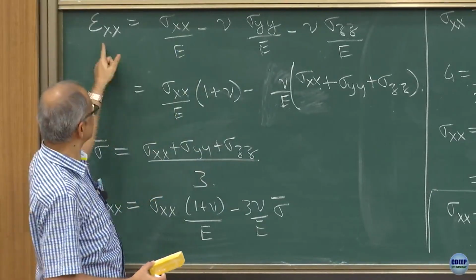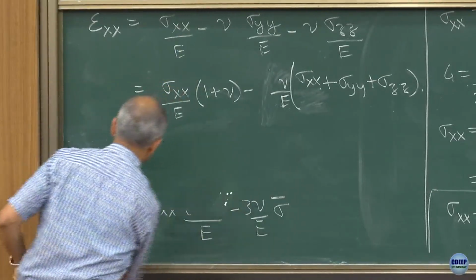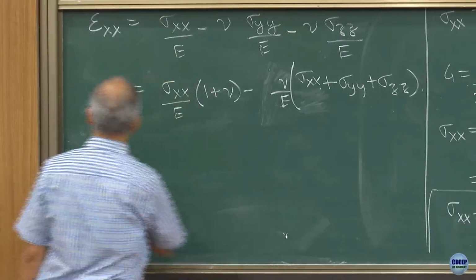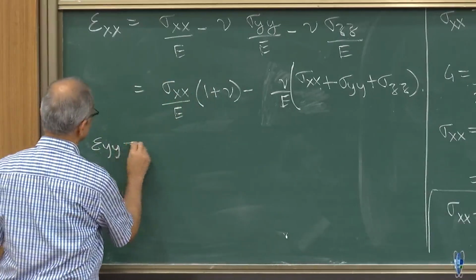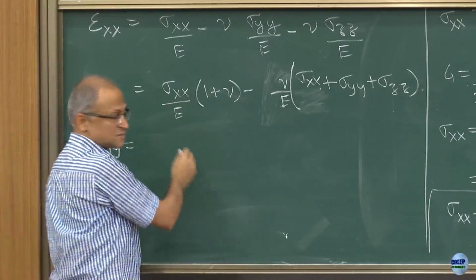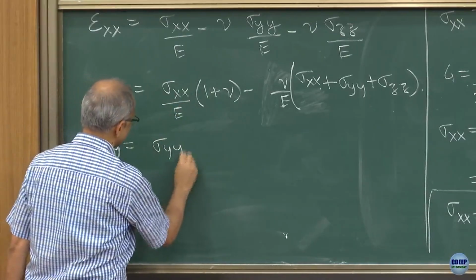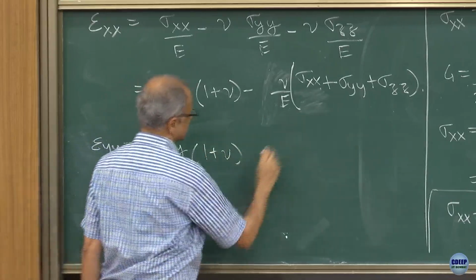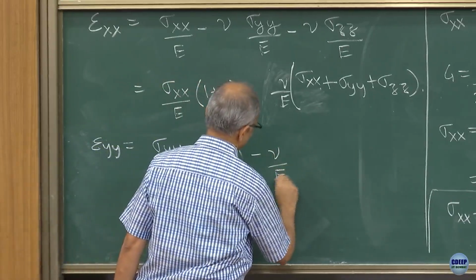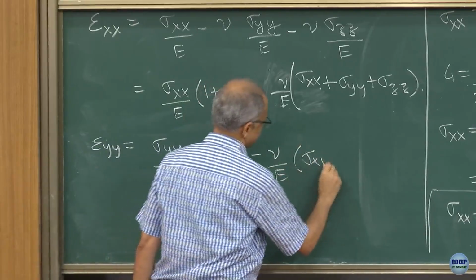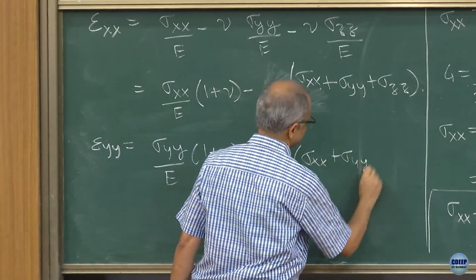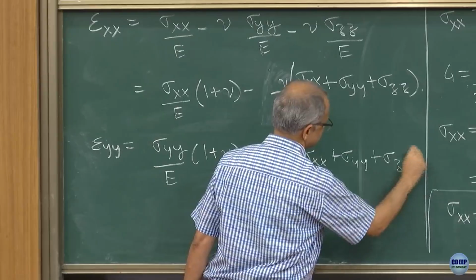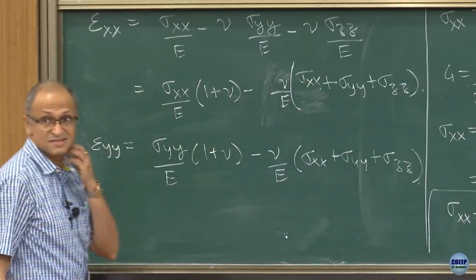So now let us just write it out. Epsilon yy, how will I write it out? This is the only term which will change, sigma yy upon E times 1 plus nu. And this term is not going to change. Correct?